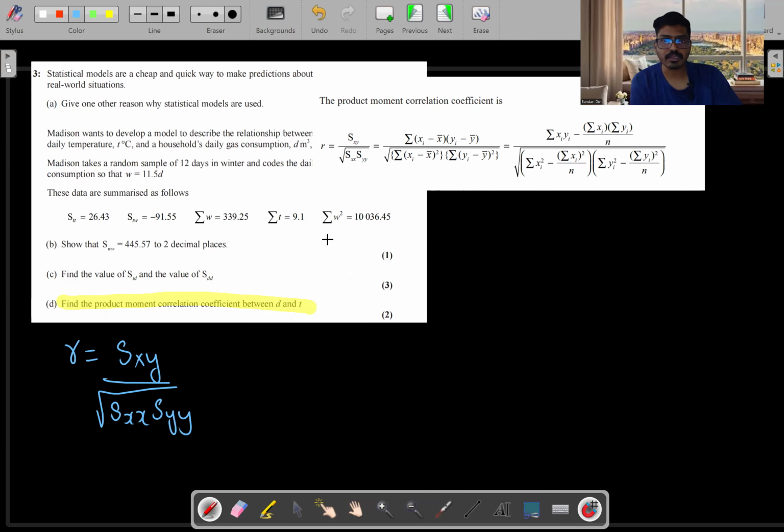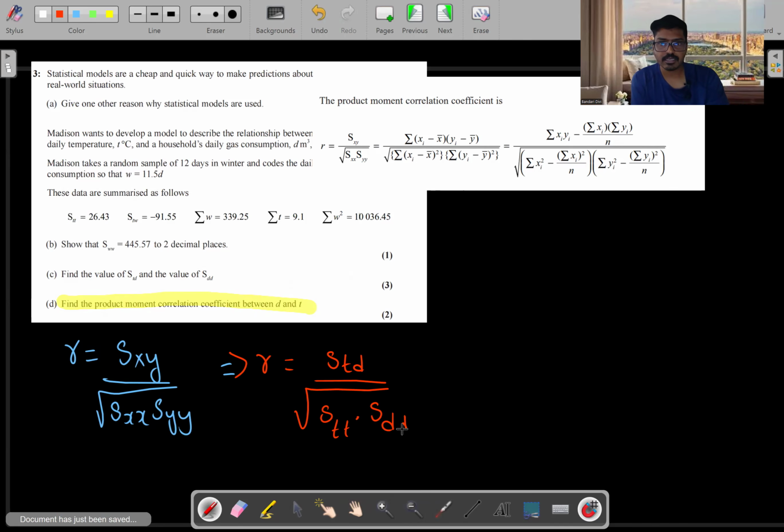For this particular question we have D and T, so the relation would be STD upon square root of STT multiplied with SDD.